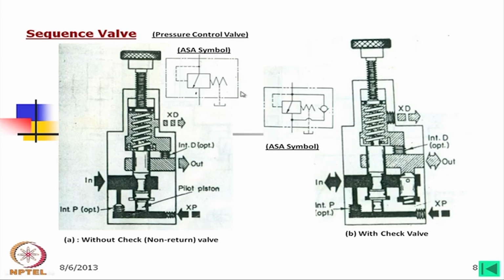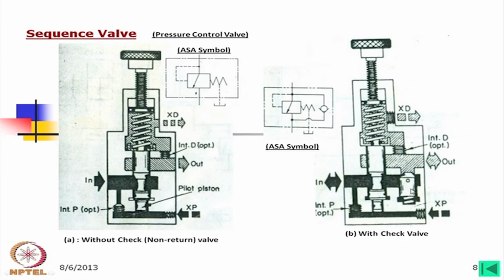Now, the ASA symbol, if you look into this, even I get confused as to whether this is a sequence valve or a pressure relief valve. Now, this variety has another option to have a check valve. What is the check valve? We have a check valve like this.